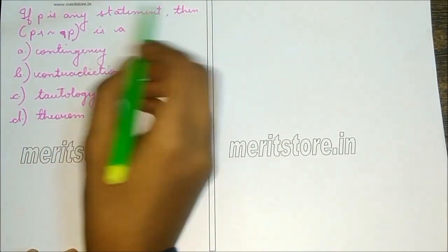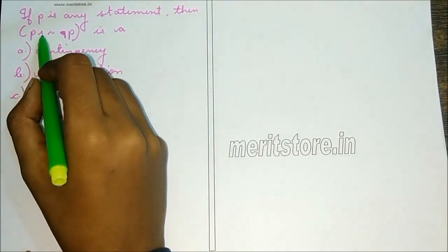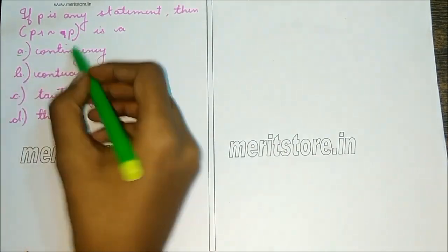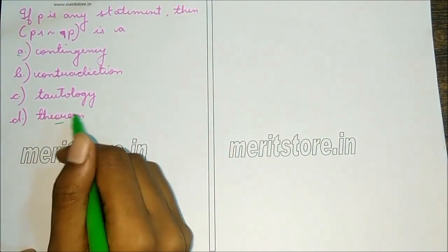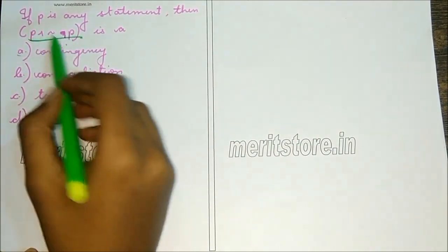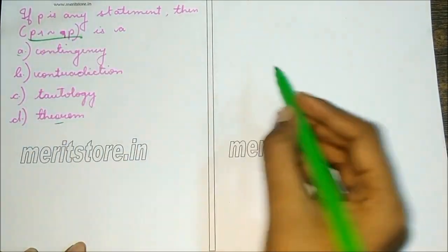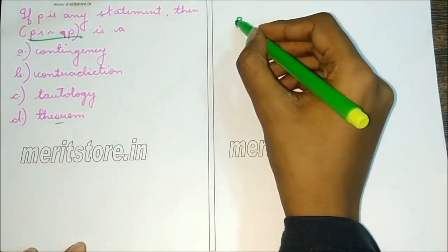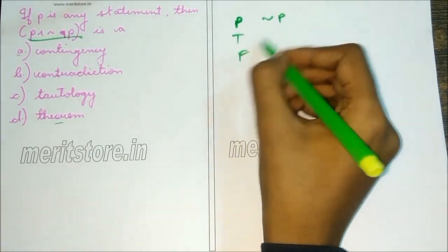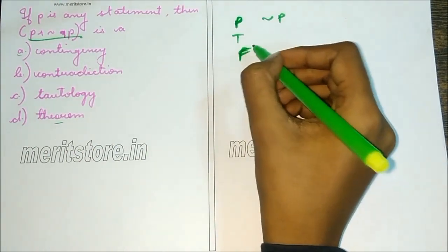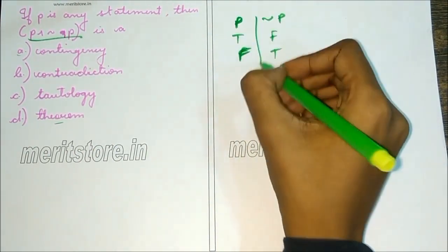Let P be any statement, then P and negation of P is a contingency, contradiction, tautology, or theorem. So first let us form a truth table for this statement. So let this be P and negation P. So let P have values true and false. So negation P will have false and true.